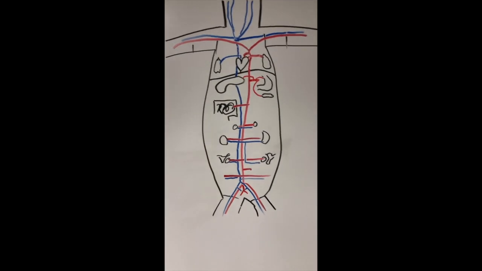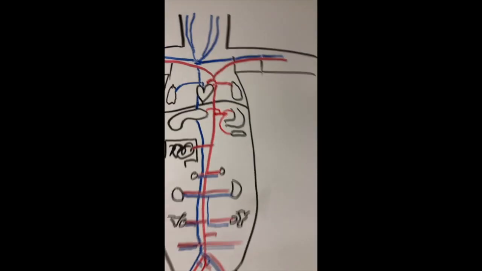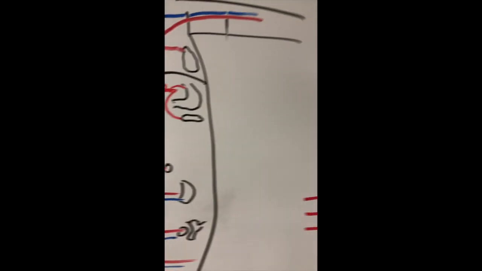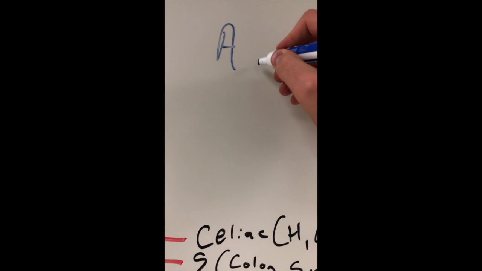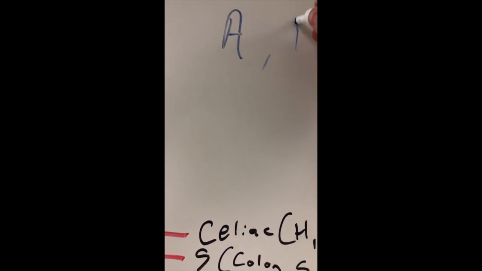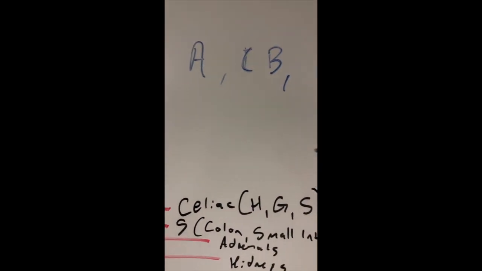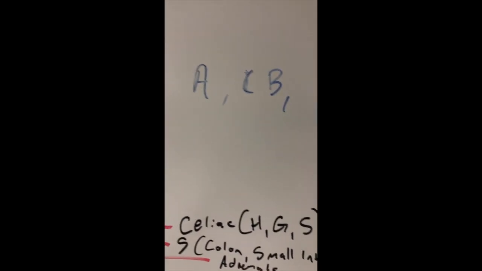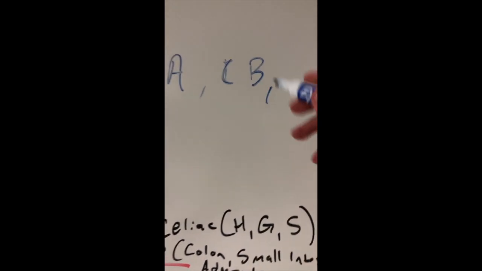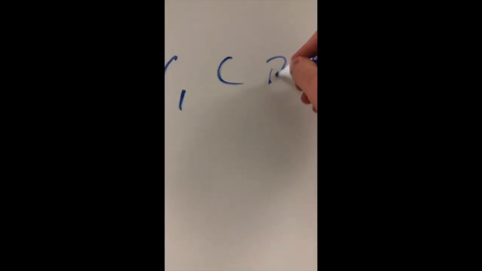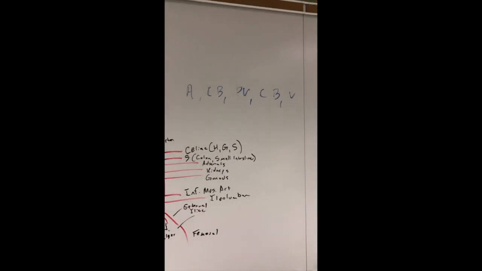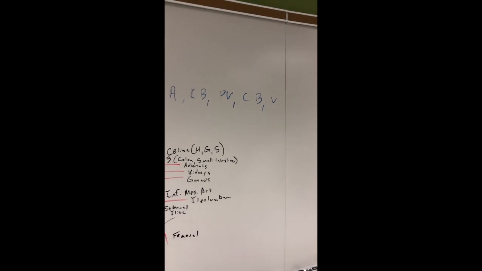You can just remember the normal course of blood goes artery, capillary bed, and then normally it would go vein again and back to the heart. But in a portal system, you have artery, capillary bed, portal vein, capillary bed, and then vein.